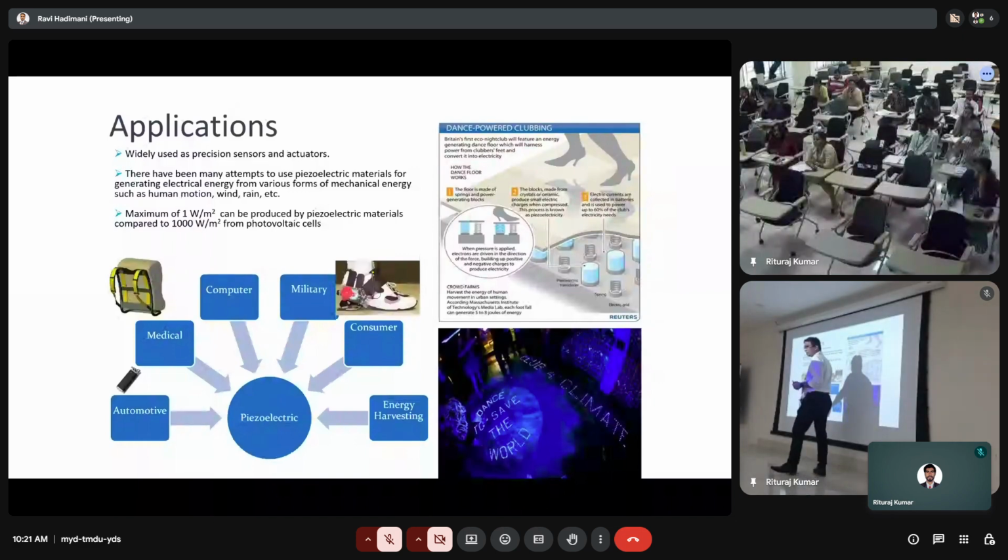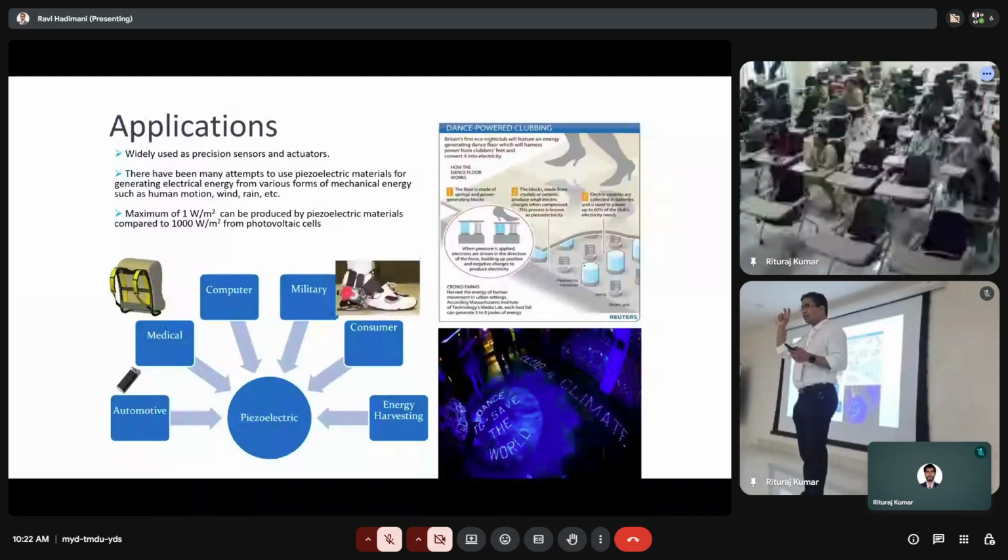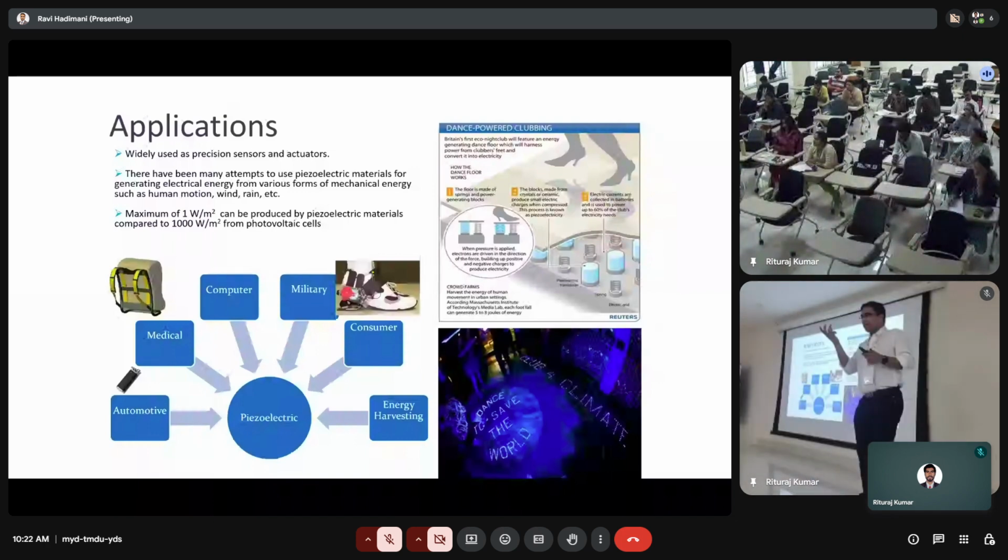For example, ultrasound, when you go for a baby health checkup, the sonography crystal, the actuator there, is nothing but a piezoelectric actuator that generates these ultrasound waves, because you send an electric signal with a certain frequency and it vibrates at that frequency, and that is your ultrasound. Similarly, any sonicator, ultrasound you need to generate, you need a piezoelectric crystal.